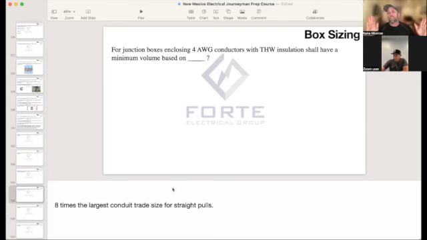And then that will get you your box fill. And remember, it's on wire number 4 AWG or bigger that you use that math, because if you go back to 314.16(B) or whatever, that showed us number 12 was 2.25 and number 14 was 2.0.